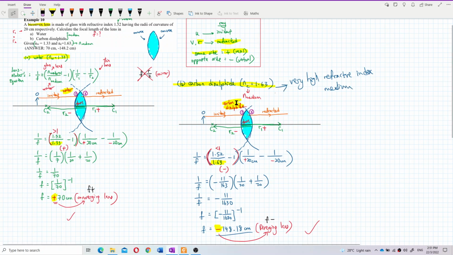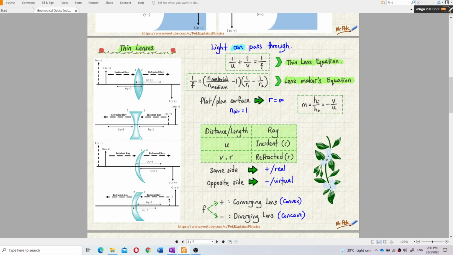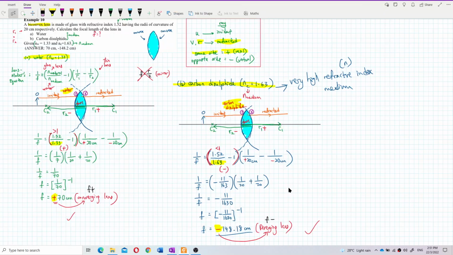Then you get 1.63. You see, a very high refractive index medium. Refractive index is the n value. The convex lens, which is normally a converging lens, suddenly can become a diverging lens. The f becomes negative.